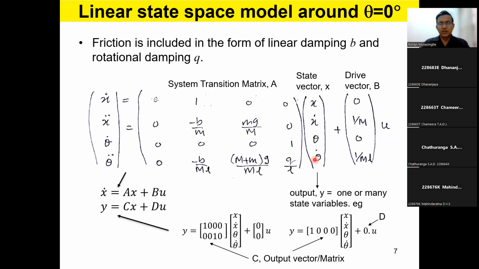You have seen this earlier also when you have a number of state equations. The second state variable is the derivative of the first state variable, like that. You can see the fourth one here in this vector is equal to the third one over here, and the second one over here is equal to the first one over here, like that.